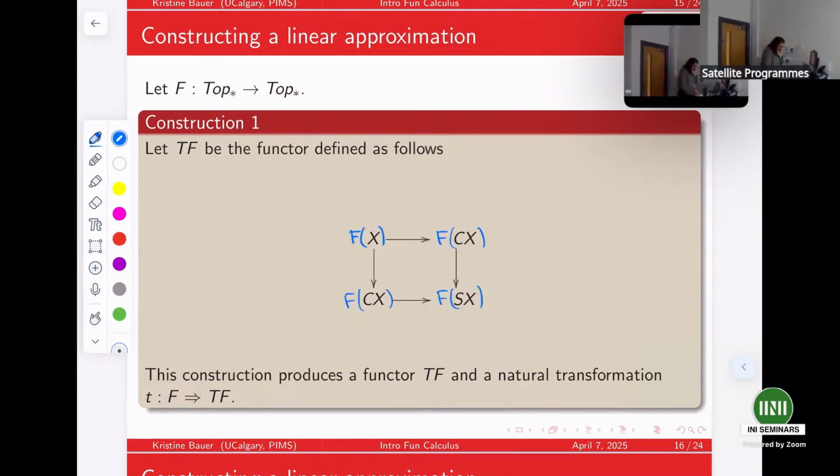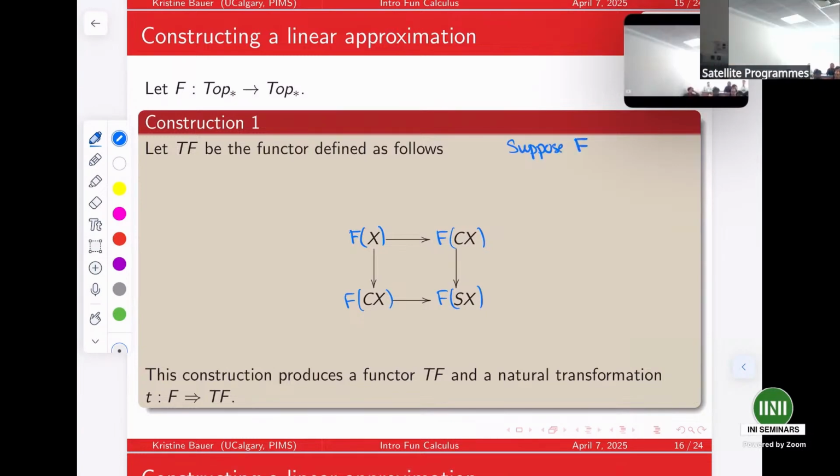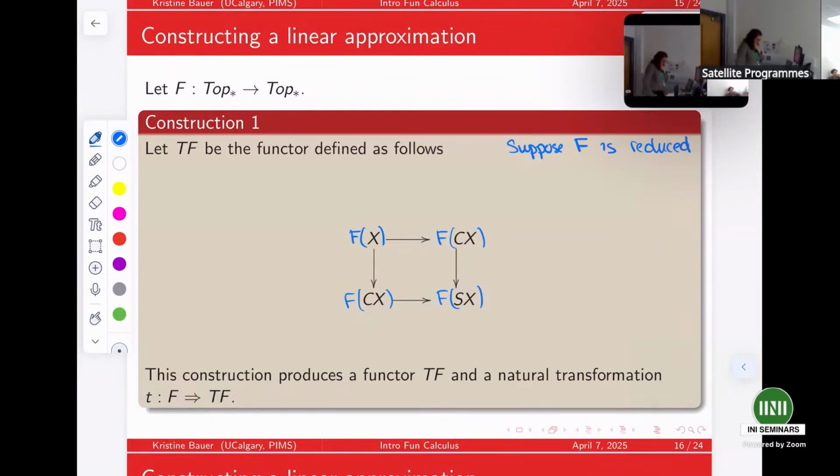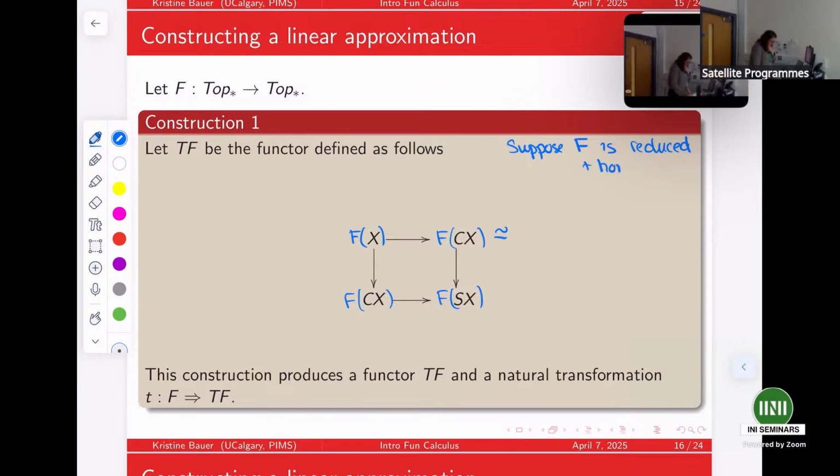Okay, suppose that F is reduced already. So then what I'm worried about here is trying to figure out how to bring F closer to being excisive. Well, if F is reduced, and it's a homotopy functor, this thing is equivalent to F of a point, and that is equivalent to a point.